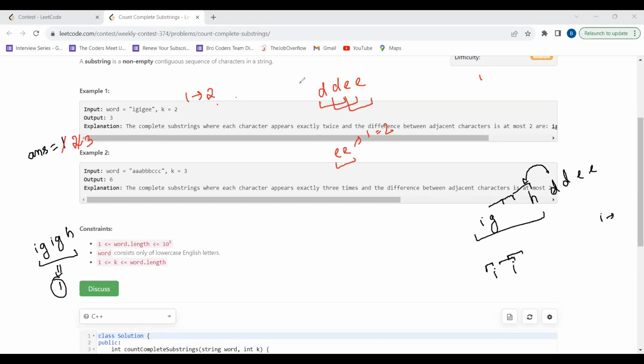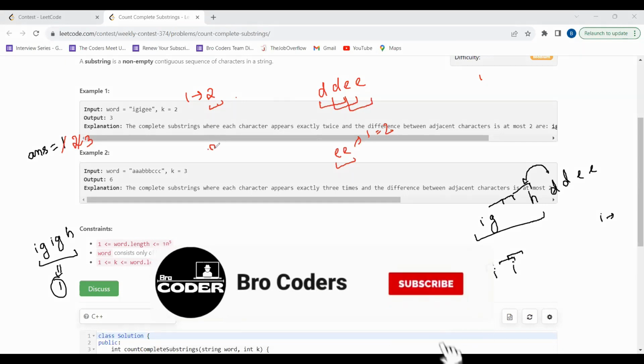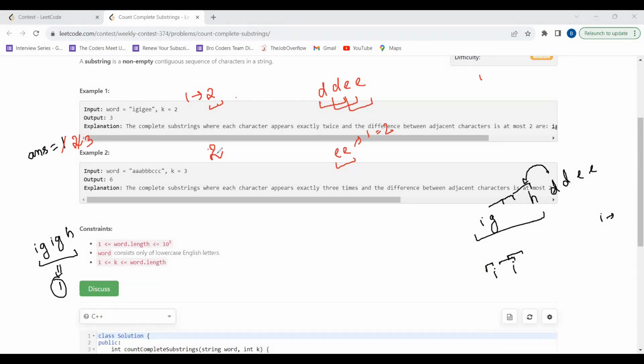Now we have checked all the two-length substrings. Now let's move to the next scenario, where we'll have two unique characters and each character should occur exactly 2 times. So what should be the length of the substring? 4.